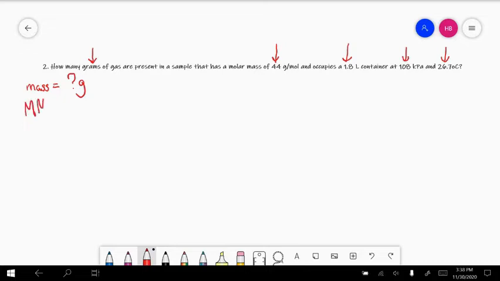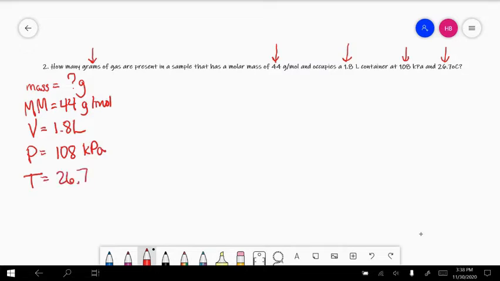It's giving us a molar mass of 44 grams per mole, a volume of 1.8 liters, a pressure of 108 kilopascals, and a temperature of 26.7 degrees Celsius.